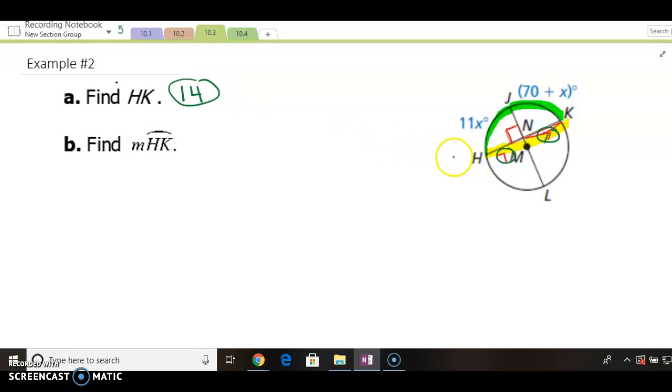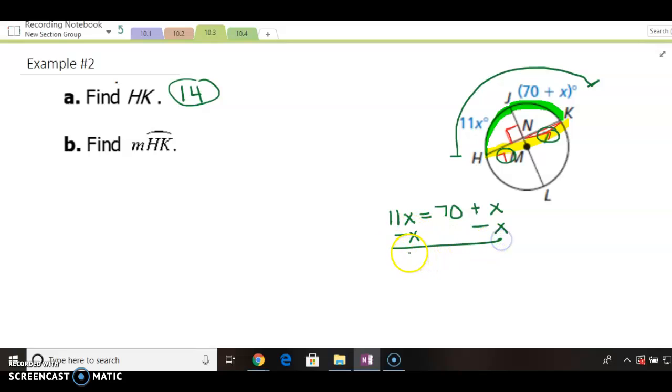Now the next one is to find the arc. In order to do that, I have to find each one of these. Now remember, this diameter cuts these two arcs into two congruent pieces. And because they're congruent, that means that 11x has to equal 70 plus x. Now it's just algebra, so let's subtract x from both sides. 10x equals 70.